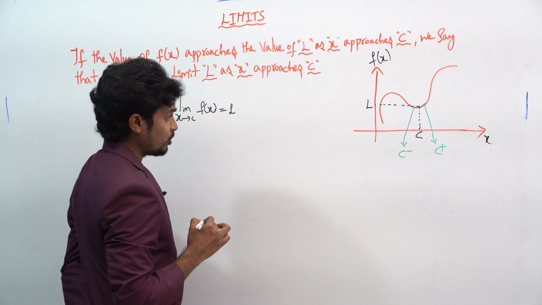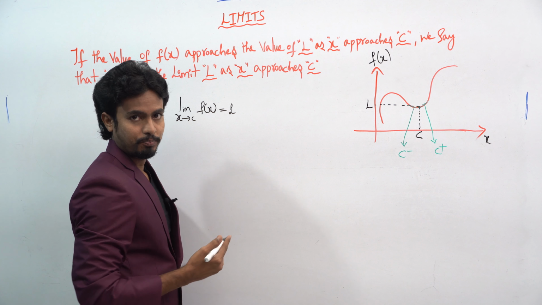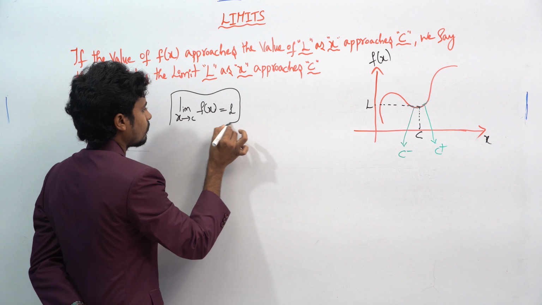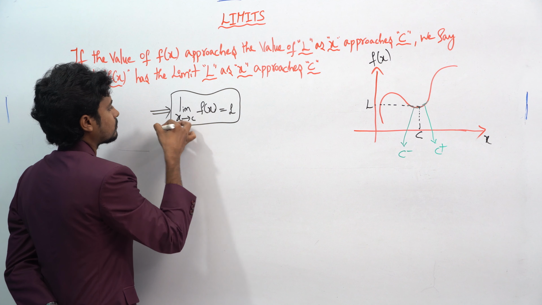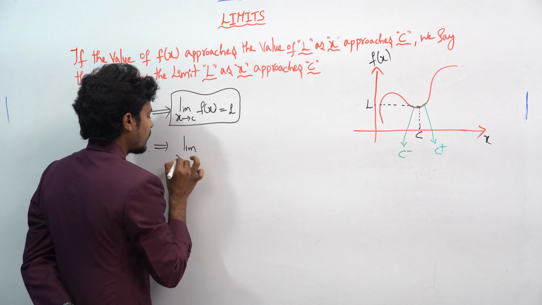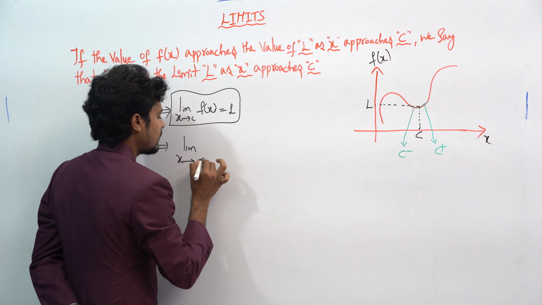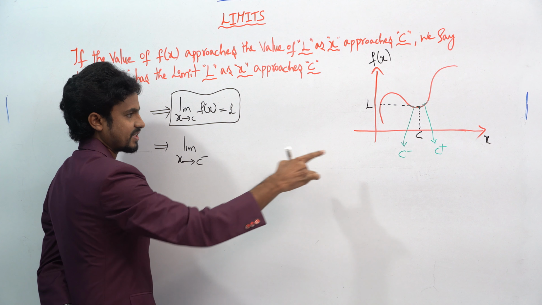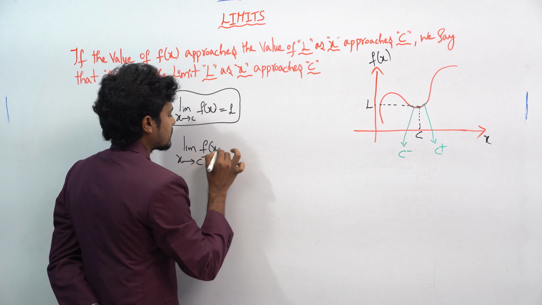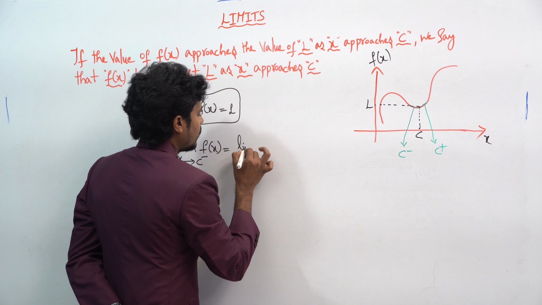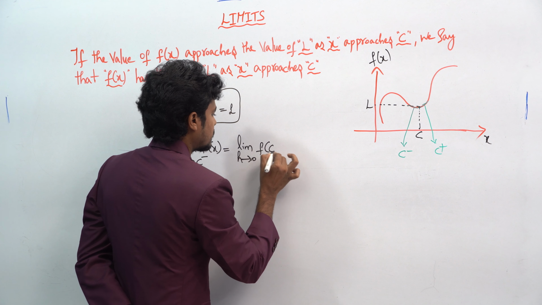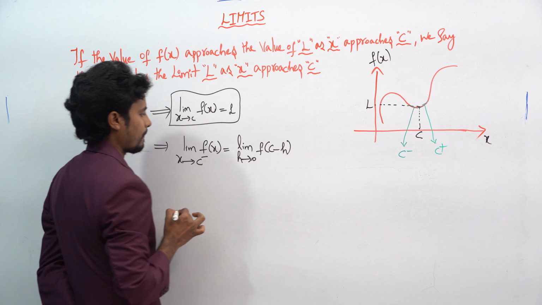For example, if you take the left hand limit, what will happen? This is limit x tends to C minus, where minus represents the left hand, f of x, which is equal to limit h tends to 0 f of C minus h.